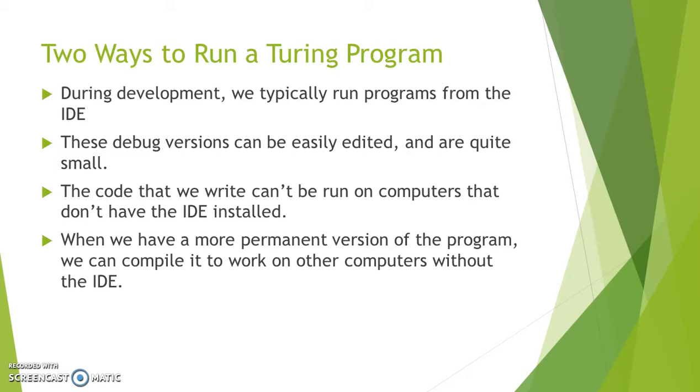And we can make edits very quickly, get feedback about the changes we make in the code. Now, one thing worth noting is that these programs that we write won't run on computers unless those computers have the IDE installed. And so when we want a permanent version of the program, we'll compile it to work on other computers without the IDE. We'll create an exe file.